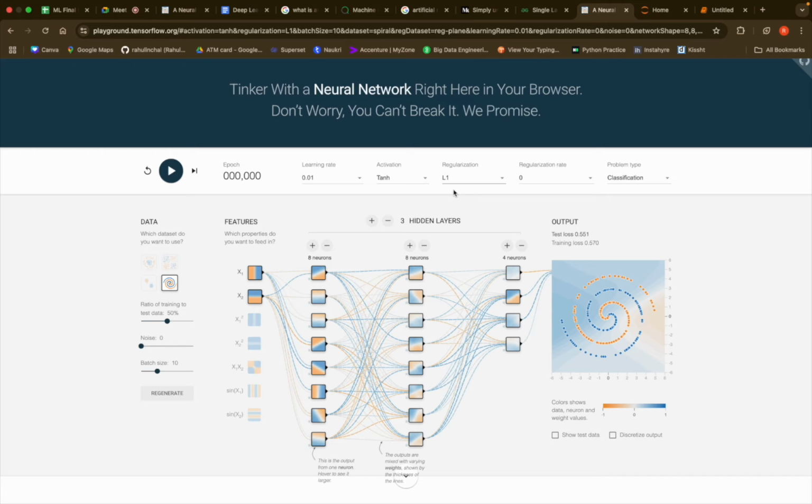I'm just trying to tell you how you can choose parameters so as to get good values. Batch size is 10, I would want to keep that. Let us see if it can classify, or if it is getting good results.